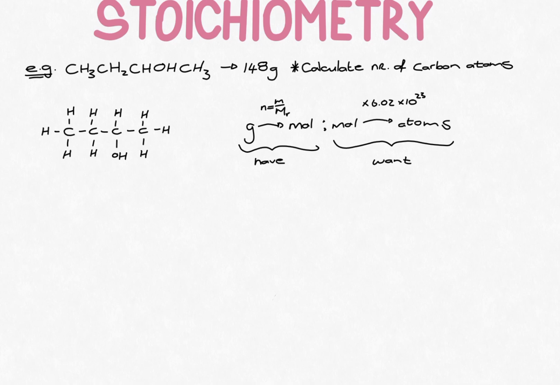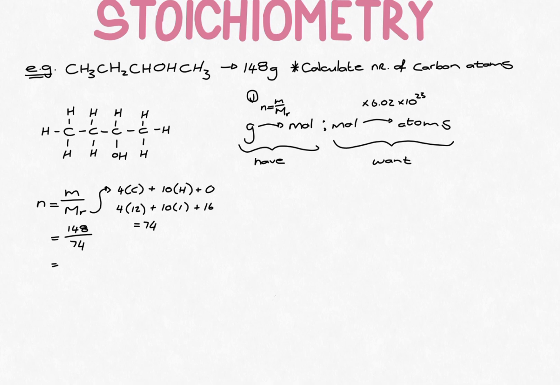What we have is the mass of our alcohol, so our mass is 148, and now we have to calculate our molecular mass. We have 4 carbons, 10 hydrogens, and 1 oxygen. So it's 4 times 12 plus 10 plus 16, which gives us 74. We then divide 148 by 74, and this gives us 2 moles of our alcohol.